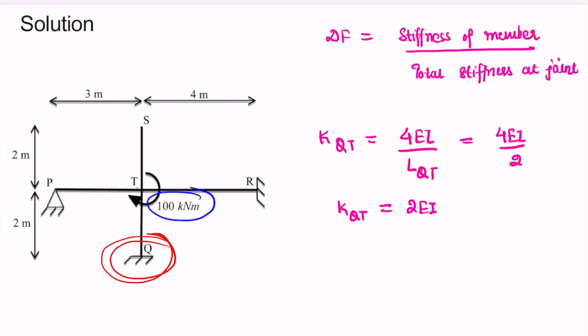Similarly, if we want to find out the stiffness of member TR, the far end of this member TR is fixed, therefore KTR will be equal to 4 EI divided by length of TR. Length of this member TR is 4, hence we can say KTR is EI.